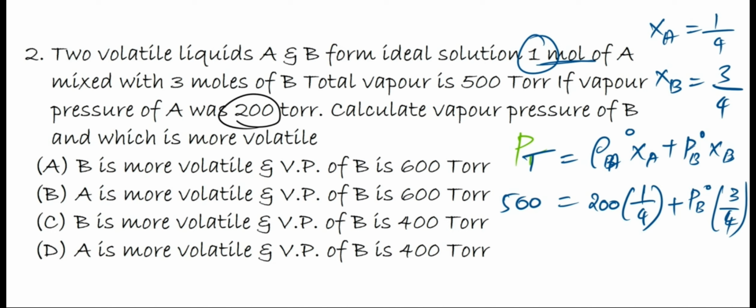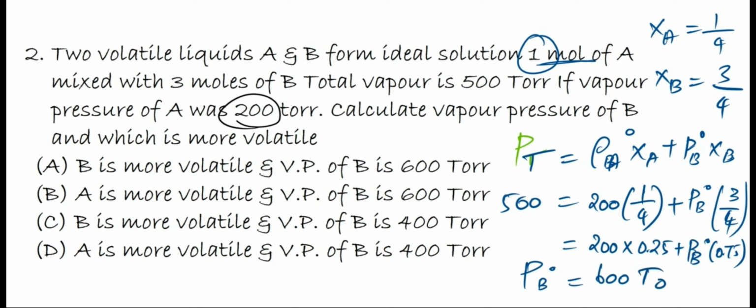Upon solving this, 200 into 0.25 is 50, and PB naught into 0.75. Then upon solving, PB naught I'm getting as 600 torr. That's it. So PB naught is 600 torr.